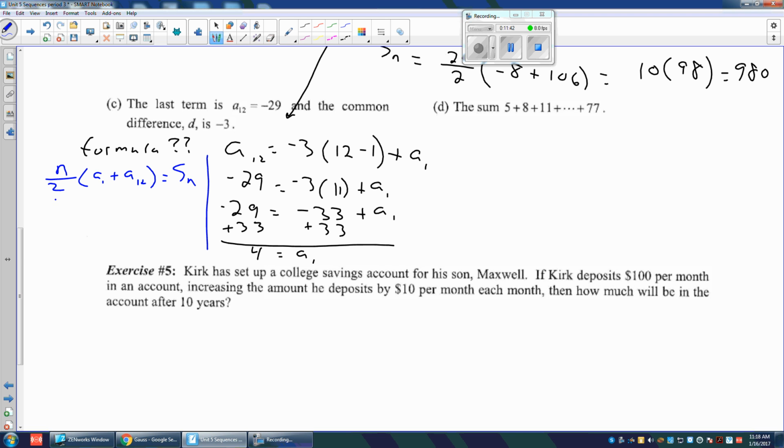So the number of terms is 12 divided by 2 times the first number is 4, the last number is negative 29, and that's going to equal the sum. Let's type this into our calculator, and we get negative 150.